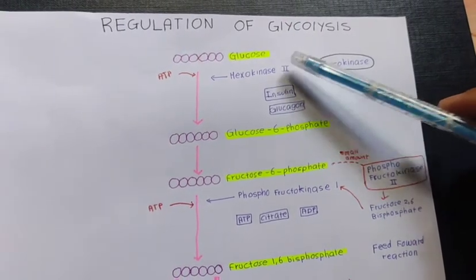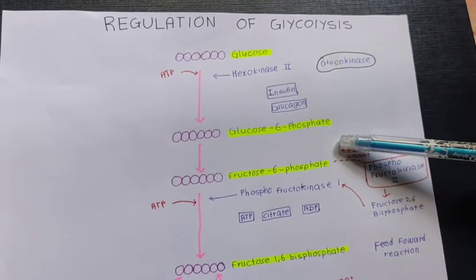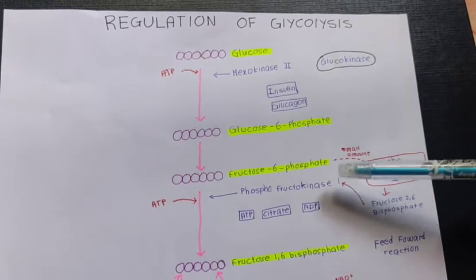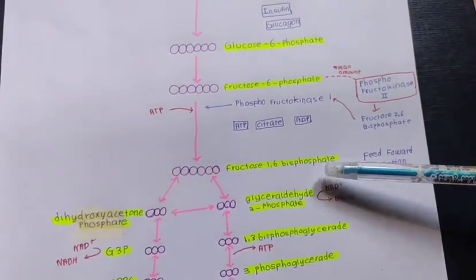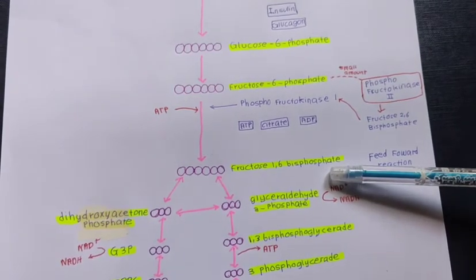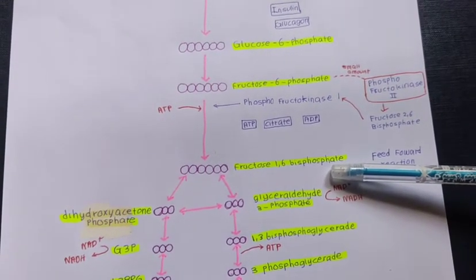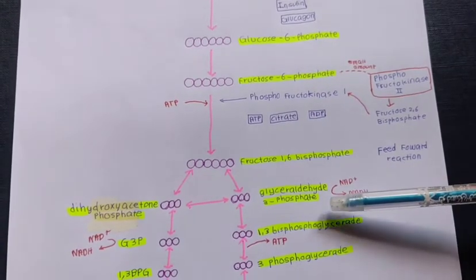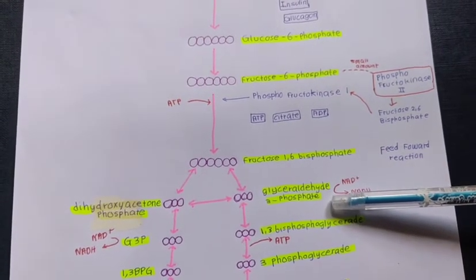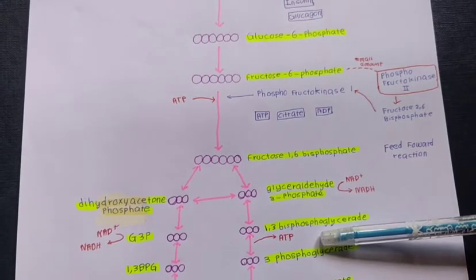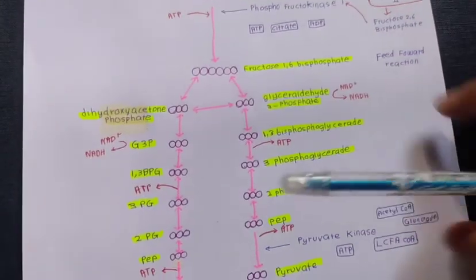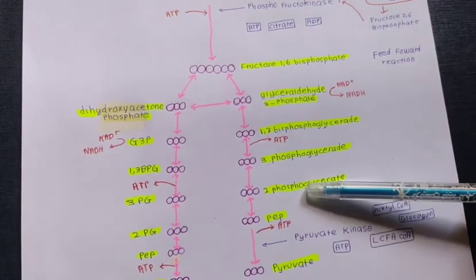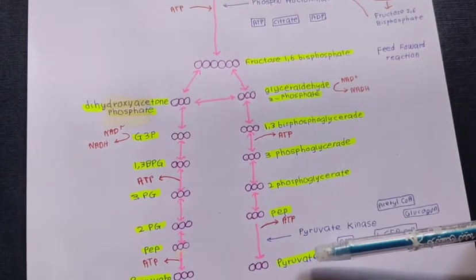Glucose was converted into glucose-6-phosphate. Then glucose-6-phosphate was converted to fructose-6-phosphate. Then fructose-6-phosphate was converted to fructose 1,6 bisphosphate, and then fructose 1,6 bisphosphate was converted into glyceraldehyde 3-phosphate, and then 1,3 bisphosphoglycerate, then 3-phosphoglycerate, and 2-phosphoglycerate, and then PEP, and finally pyruvate.